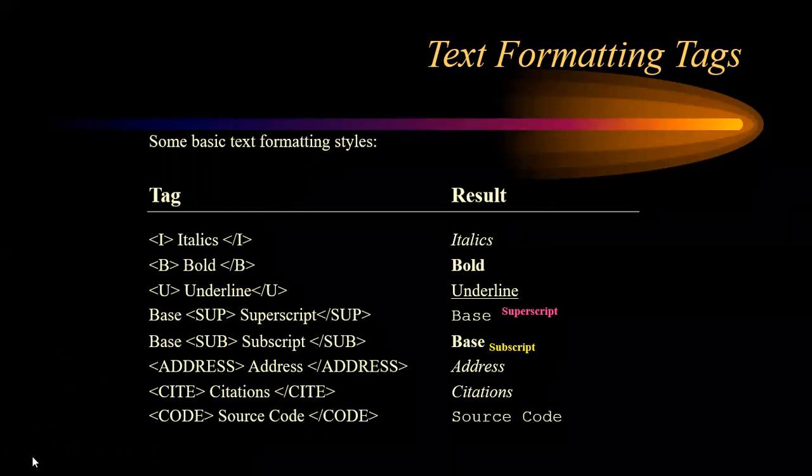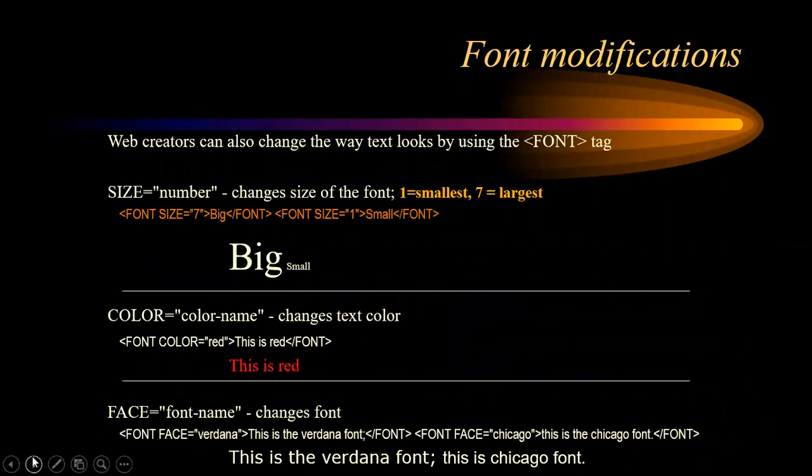Then comes the next topic, some modification with the font tag that we will use in our HTML document. When we need to change the way or look of the text, we use the font tag.